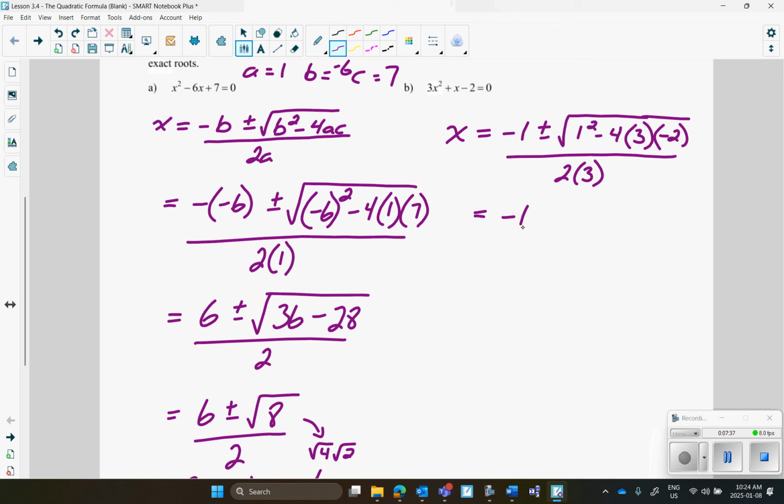So I have negative 1 plus or minus the square root of, what's 1 squared? And what's minus 4 times 3 times minus 2? Plus 24. Divided by 6.